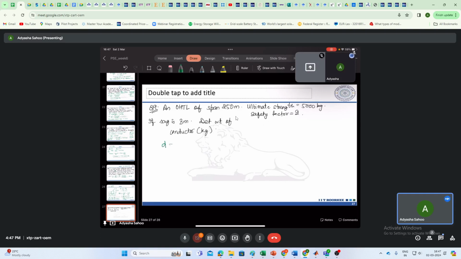So D is WL square by 8T. So T is 5000 by 2, 2500 kg. So W is 8 dT by L square root. That is square root of 8. Sag is 3. This is 2500 divided by L is 250.